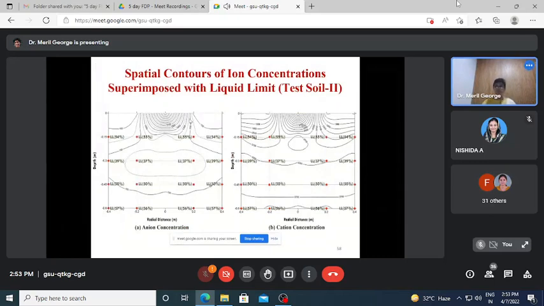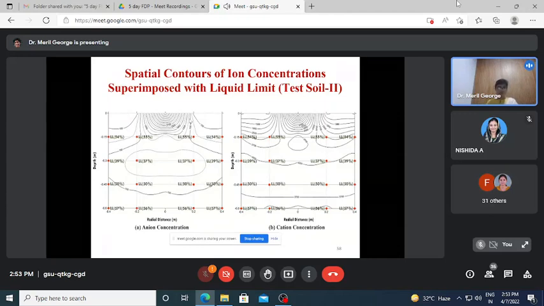When we consider this, a slight increase in chemical concentration causes an increase in liquid limit of both the soils. In test soil 1, when cation anion concentration goes from 4,500 milligram per kilogram to 400 milligram per kilogram, the liquid limit increases from 31 to 40%.